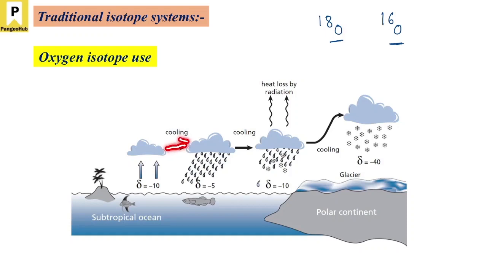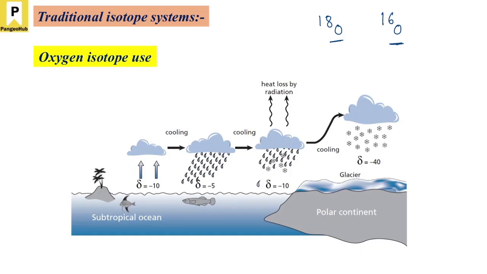Now it cools and it rains. When it rains, now this is a very interesting point. Whenever gravity works, the heavier ones will try to go fast because they are heavier, right? So this first rain in here will be relatively richer in heavier isotopes, because they tend to fall into the trap of gravity.